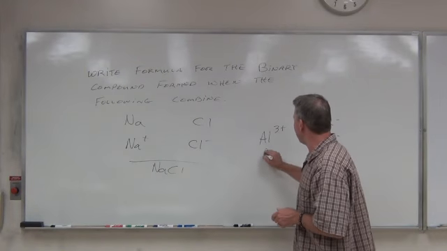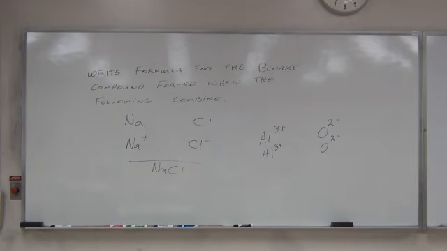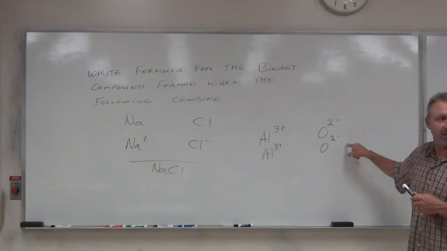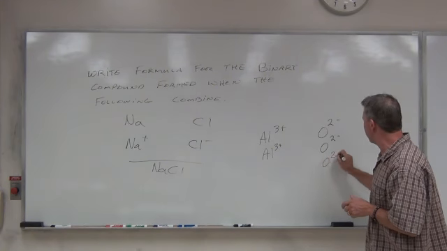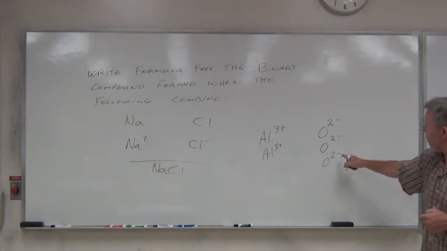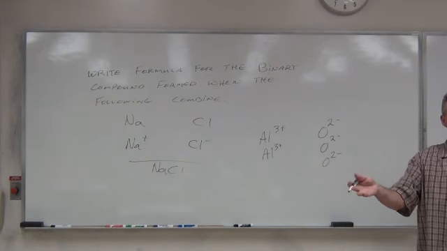But I can only add aluminums in a plus 3 charge. Plus 6 minus 4. I'm deficient on the negative side again. And you just keep going back and forth until eventually negative 6, positive 6, they're neutral.